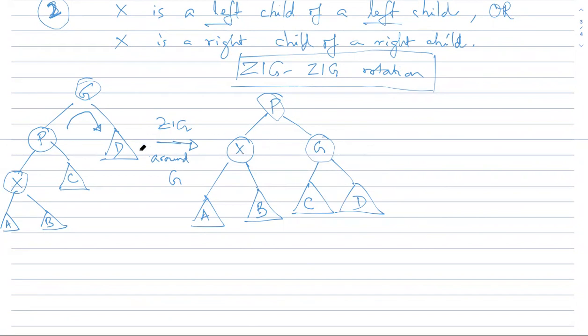Okay, so after giving rotation around the grandparent, the next rotation will be in the same direction, the clockwise direction here, around the parent.